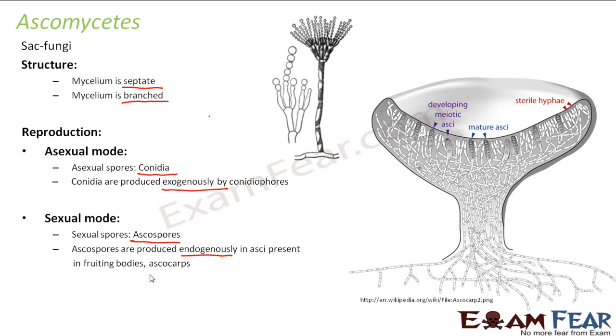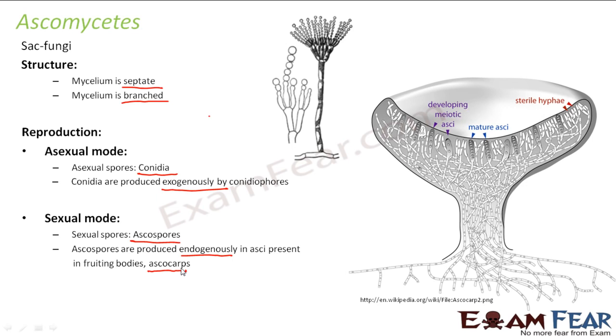So let us try to see its structure. This is how the structure looks like. The ascocarp is the fruiting body or the reproductive structure, basically. Inside the ascocarp, there are many asci, which are nothing but sac-like structures.